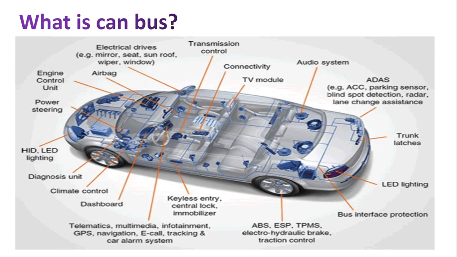And each and every device requires a connection or a network for controlling in the car, right? So whenever you are going to do the wiring of your car, what things come to your mind?